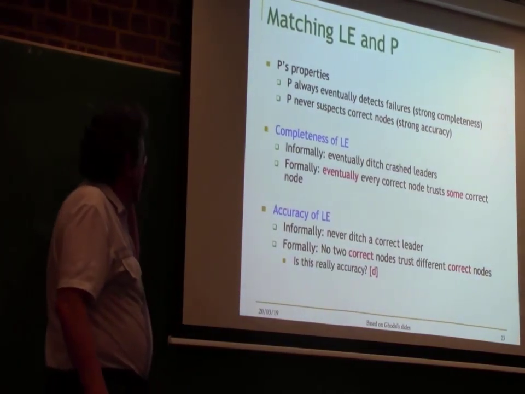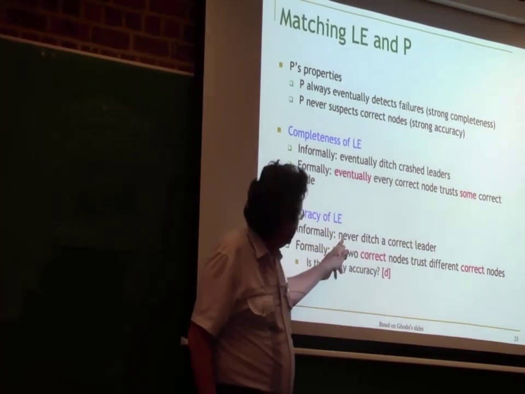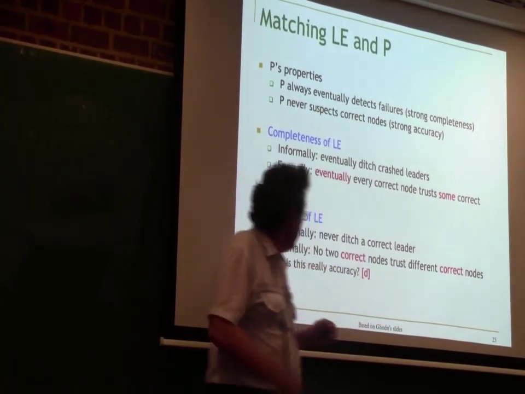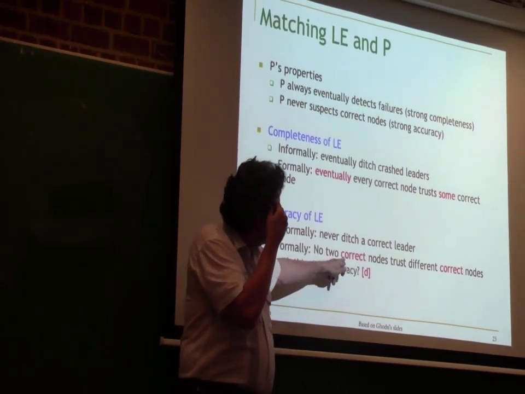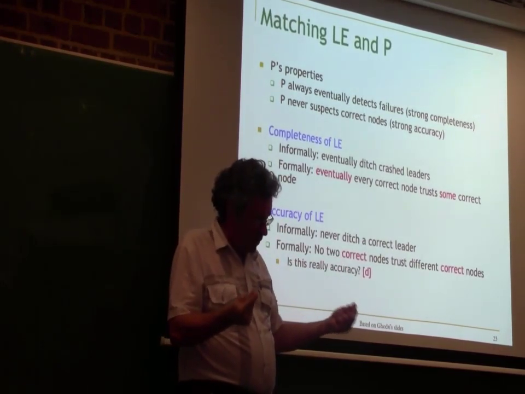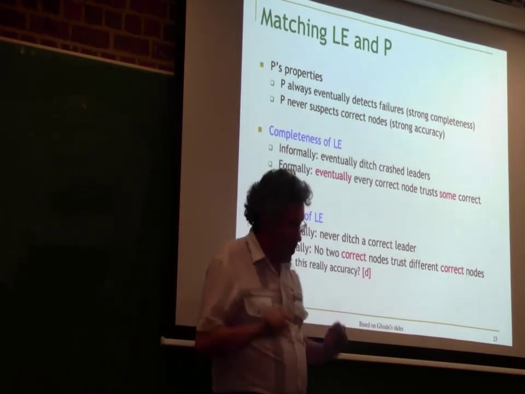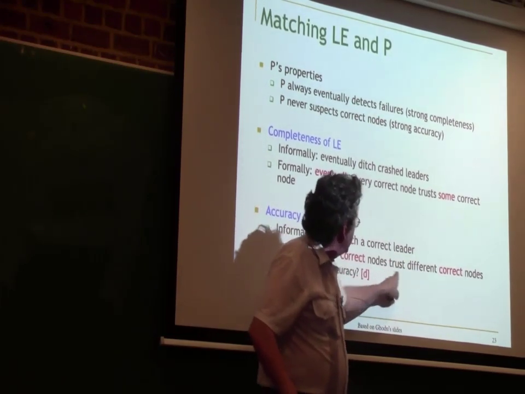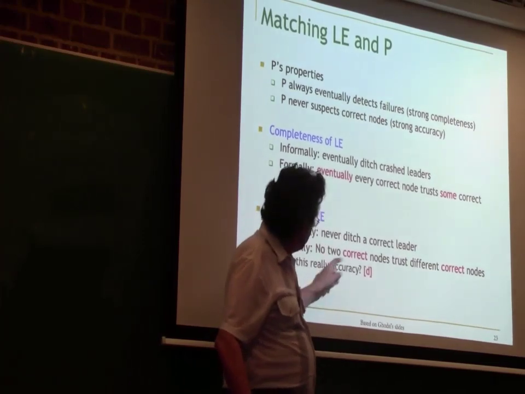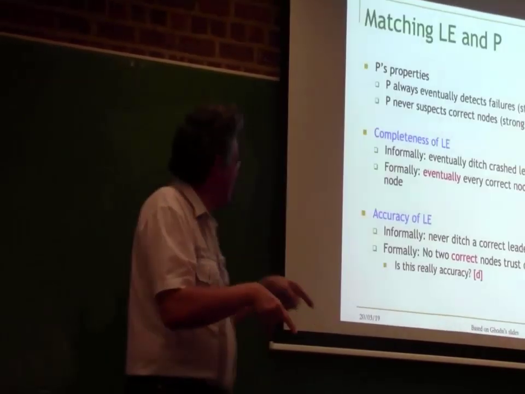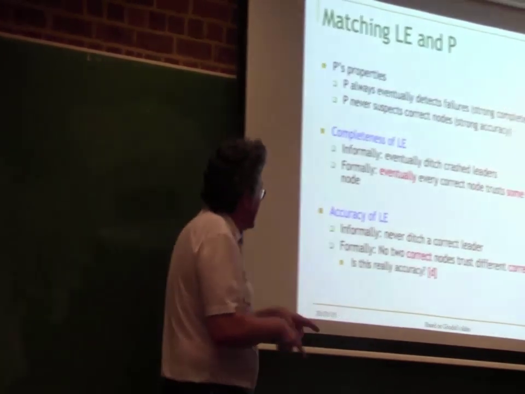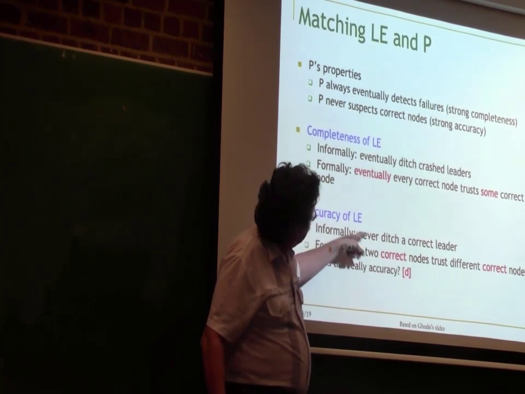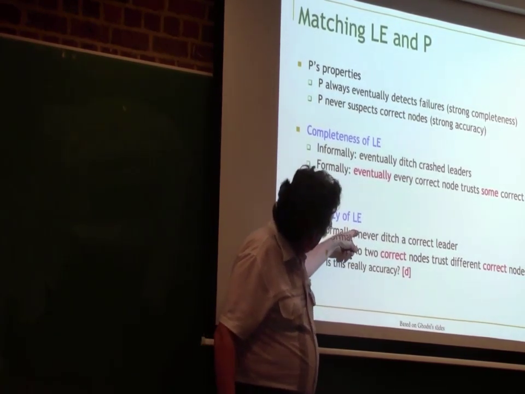Okay? So the way you can formalize this: no two correct nodes trust different correct nodes. If I have two nodes that are correct, and they have different leaders, then that's a mistake. The trust is like the leader. That's what they think is the leader. No two correct nodes will have different leaders. So this actually corresponds to never ditch a correct leader or never suspect a correct node.